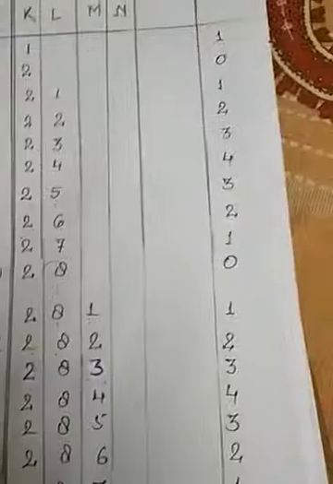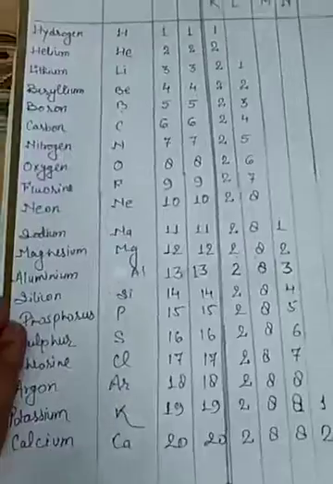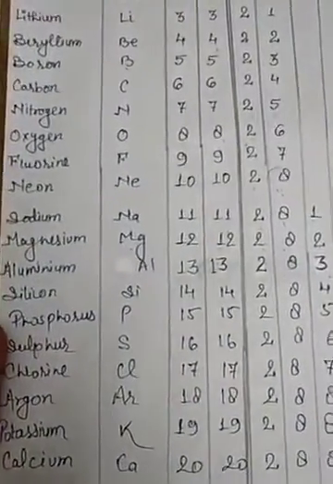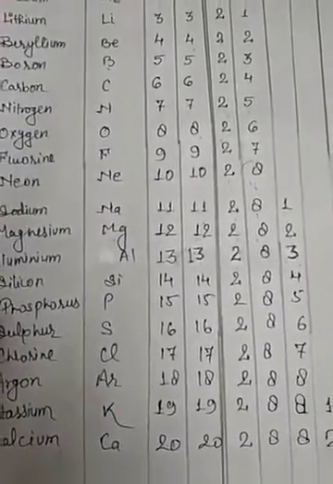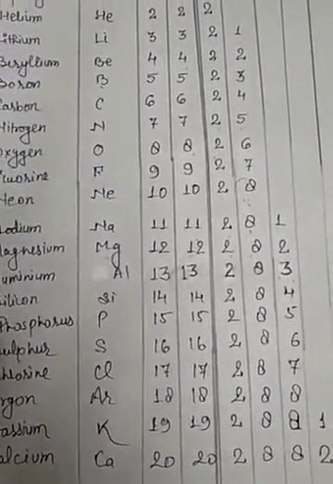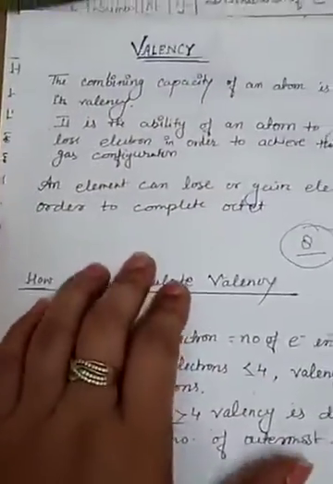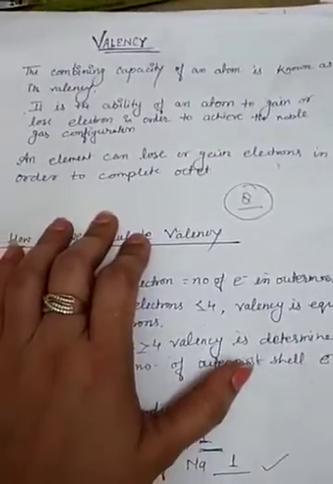Now let's discuss how to find out the valency. So we should know what valency is. The combining capacity of an atom is known as valency. We have discussed this.